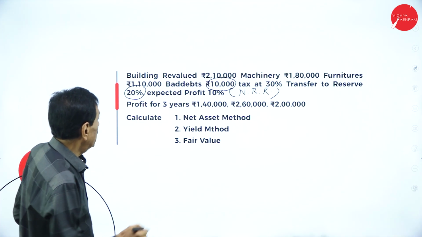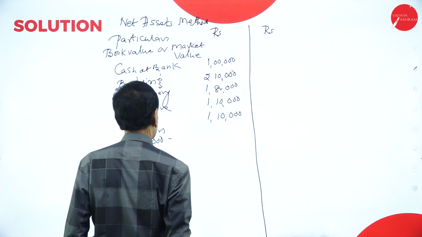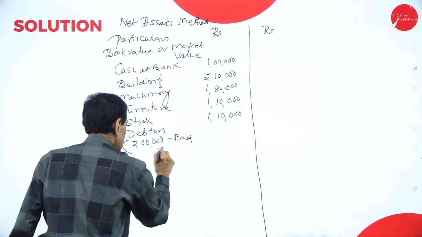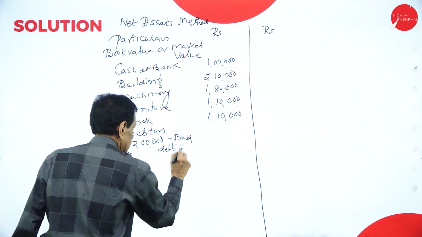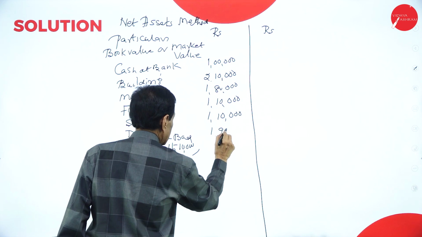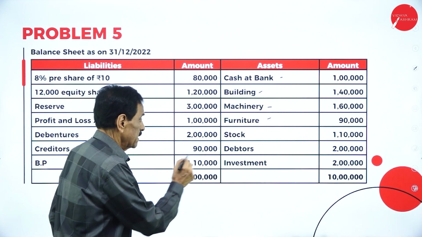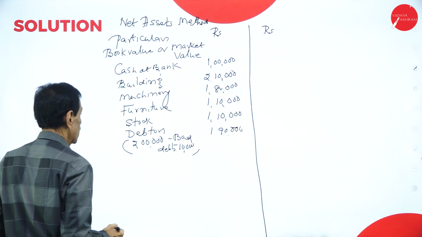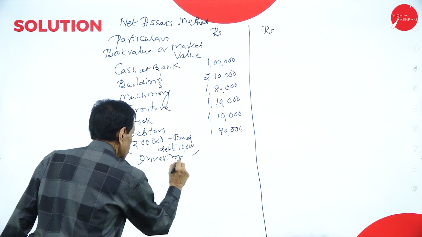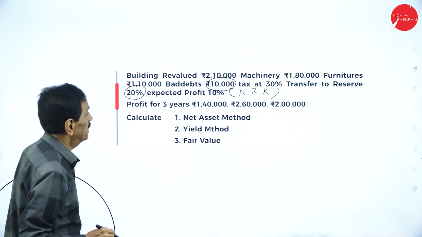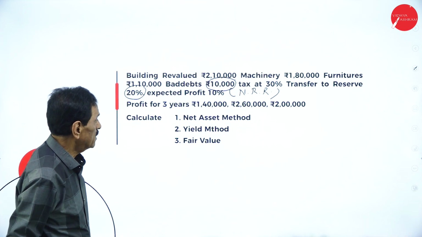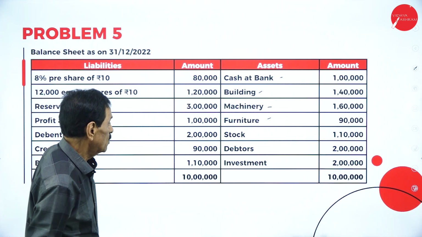What's your bad debt here? Bad debt is 10,000. So 1,90,000. Next, investment. No change. See, is any change there? No, no change. What's the investment value? 2 lakh.